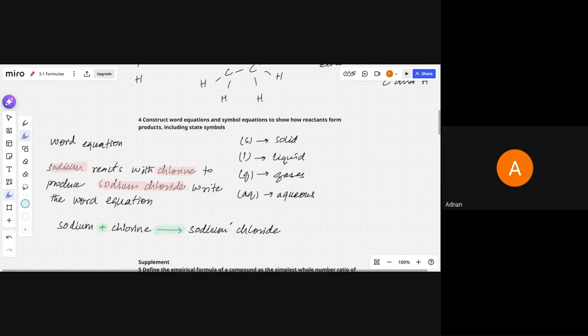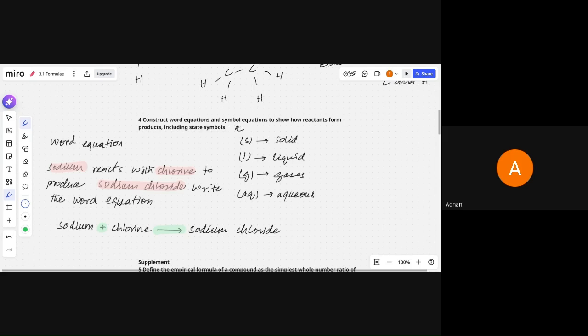If there is one product, you just write it like this, and if you have more than one product, then again a positive sign will be used and another product will be written. So very simple. Let me read it again: construct word equations and symbol equations.